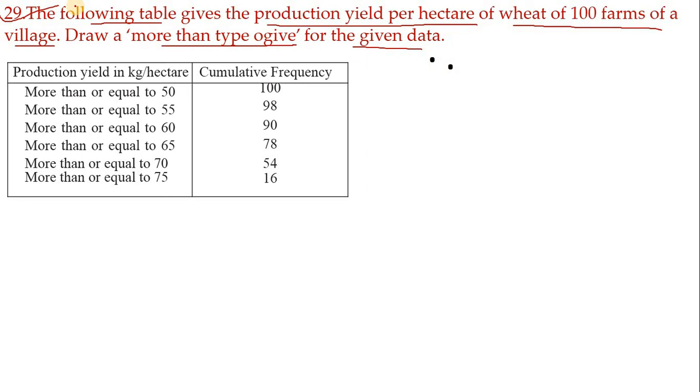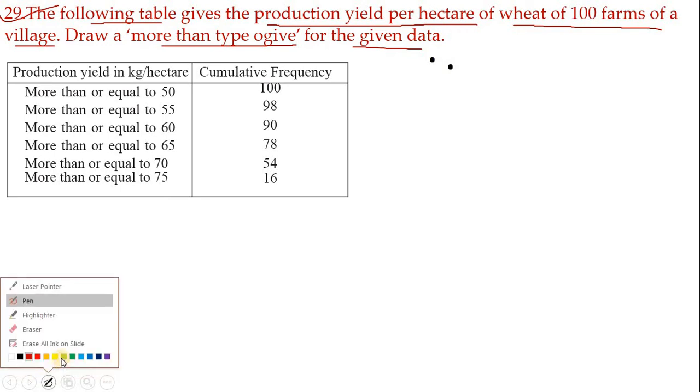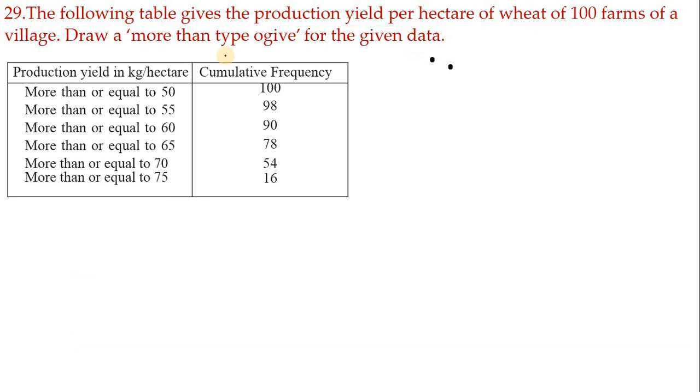You will get either a less than type or a more than type problem. So here more than type is given. And another important thing is, in this problem they have not given class interval and frequency. If they had given class interval and frequency, we would need to prepare the table like this. But here they have directly given it in the form of more than type.